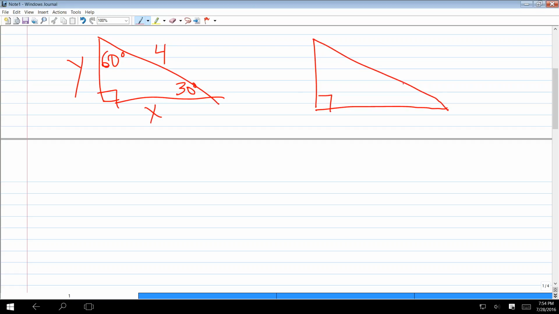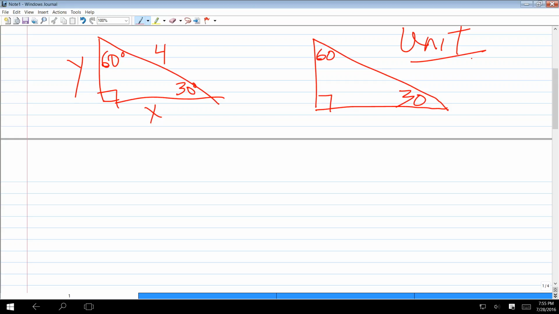I need the other dimensions. Tell me the dimensions of my unit 30-60-90 triangle. That's what you need to know. You can't solve this unless you memorize these dimensions. It's called a unit triangle.